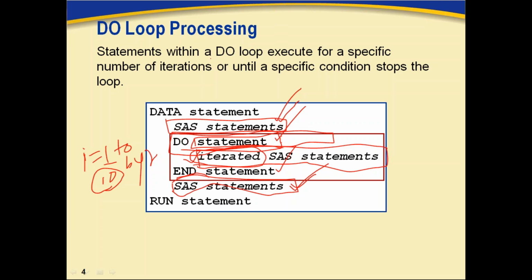Whatever statements you have within the do loop will execute for a specific number of iterations. If I say I equals 1 to 10 by 1, the total number of iterations here is 10.